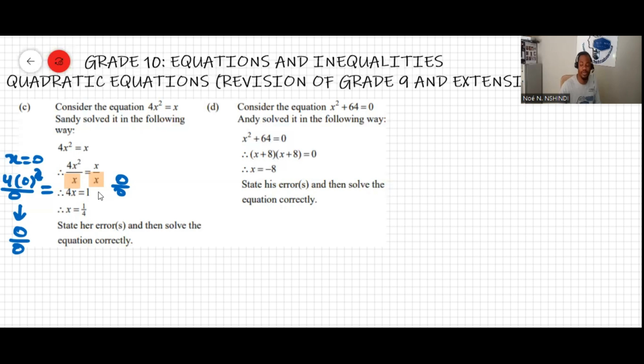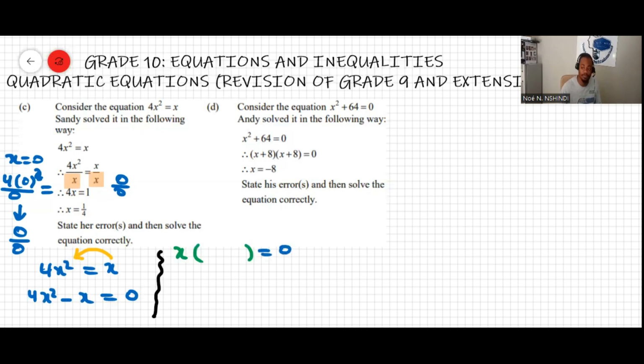So the correct solution would have been, if Sandy did 4x squared equal x, she moves the x to the left hand side, and then this will be 4x squared minus x equal to 0. Then she could factorize, check for the highest common factor here, which is x, and then she is left with x times 4x minus 1.